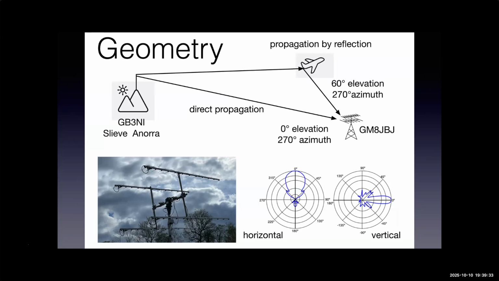GB3NI is on Slieve Gallion, which is a hill over near Ballycastle, and I am obviously just somewhere east of Hawick. The direct propagation is clearly pointing at the horizon at 270 degrees azimuth, and my antennas are directional. That's the only thing you take from those two things down in the bottom right.